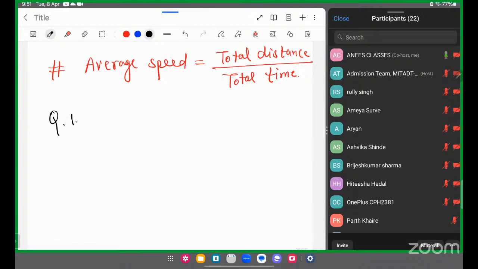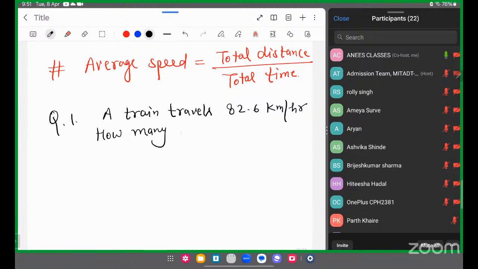Question number 1 is, a train travels 82.6 kilometer per hour. How many meters will it travel in 15 minutes?